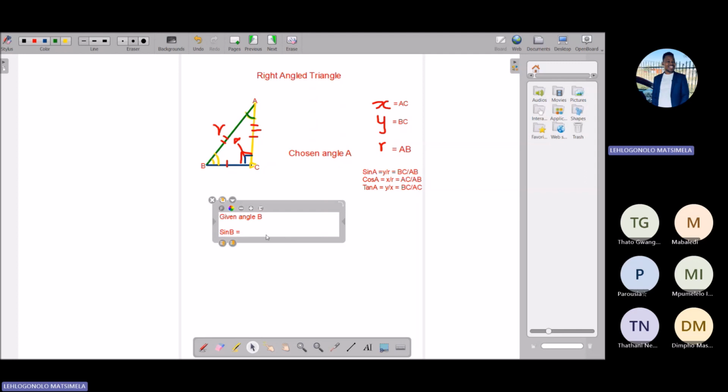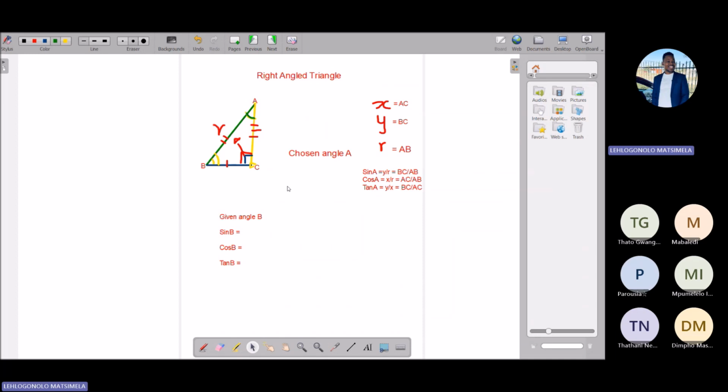If it's going to be cos, we will have cos angle B, which will still be X over R. But the same X and R and Y we're talking about is not the same as we were given here initially. I will come to that now. Then if we have tan angle B, it will still be equal to Y over X. But now let me get to the complicating part.